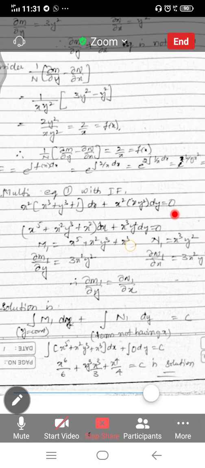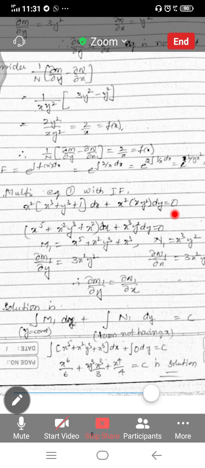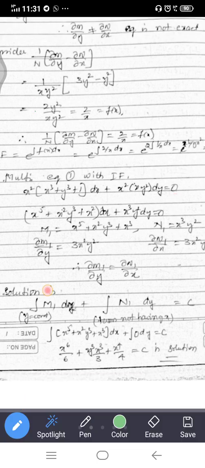Now we have to find the general solution. To find the general solution, the formula is integral of M1, where in M1 all the y terms we have to take as constant, into dx, plus integral of N1 the terms which are not having x, into dy, equal to c.